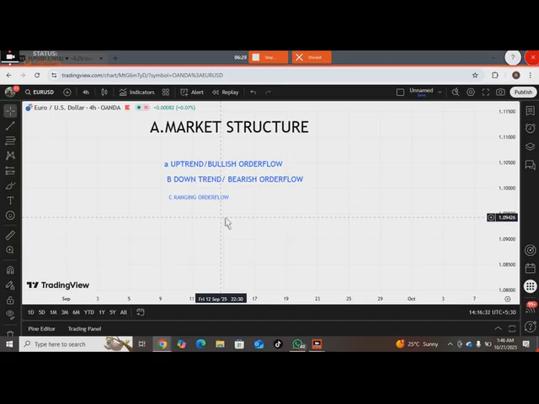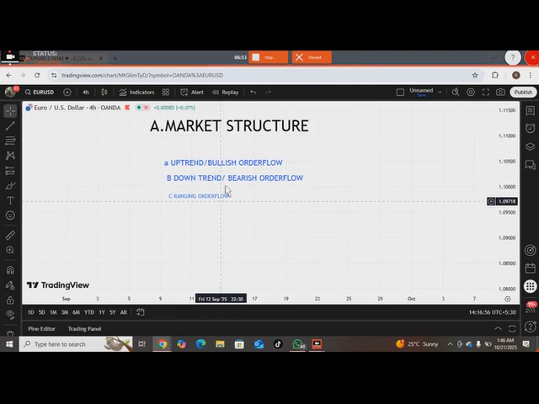So in a market structure, we have three types: uptrend or bullish order flow, downtrend or bearish order flow, and ranging order flow, or sometimes swing order flow. These are the three market structures.